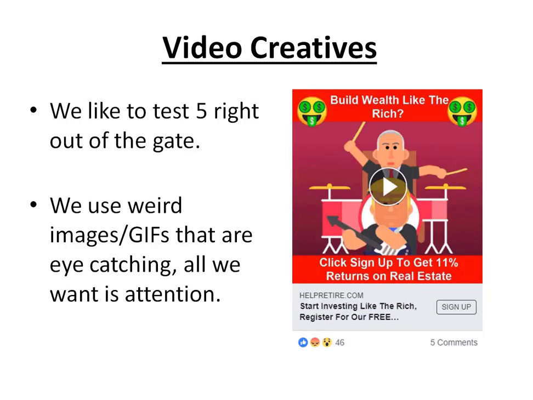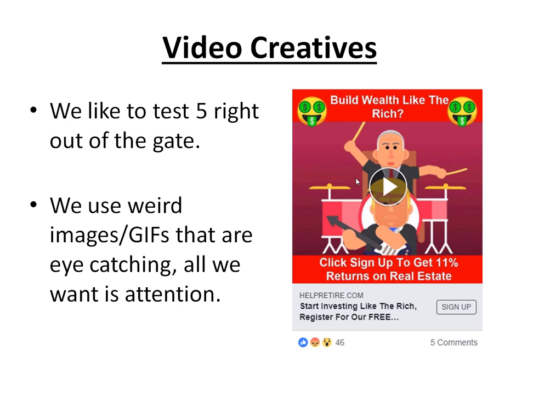So we like to test 5 right out of the gate. This is actually one of our ads that we run for our real estate client, and essentially it's Trump and his running mate Mike Pence, playing guitar and running the drums. Now, this obviously does well because Trump was in real estate, and love him or hate him, it gets a lot of attention.